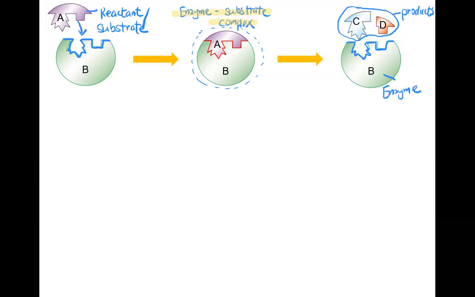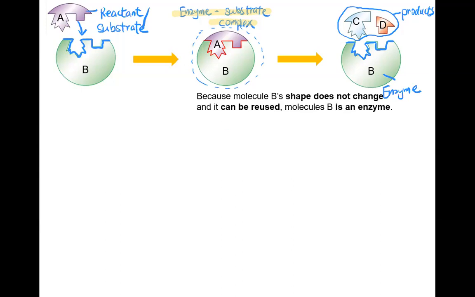The shape of the molecule B does not change after the reaction. So molecule B should be the enzyme. Okay, because molecule B's shape does not change, and it can be reused to bind with other substrates again. And so molecule B is an enzyme for this reaction.